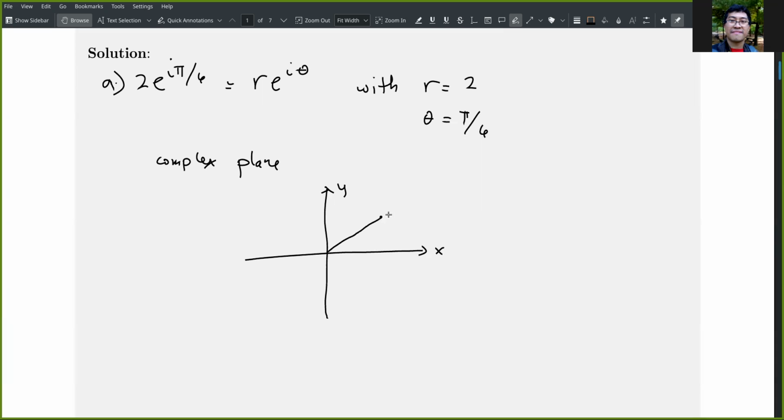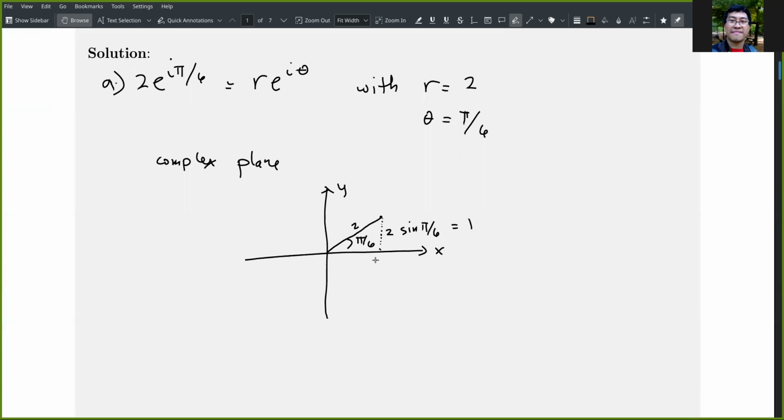So suppose this is a total length 2, and this angle is pi over 6. So this distance would be 2 times sine of pi over 6, or that's 2 times 1 half, or 1.